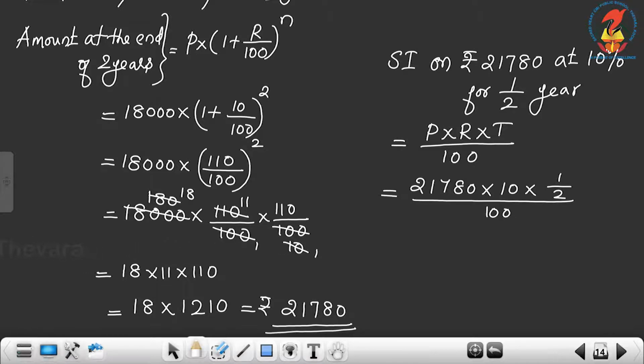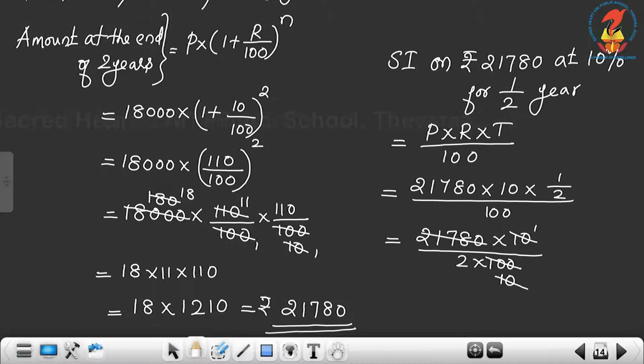Then we can write it like this: 21,780 into 10 divided by 2 into 100. So 2 will come in the denominator. We can cancel the 100 and the 10 one time, so here you will get 10.